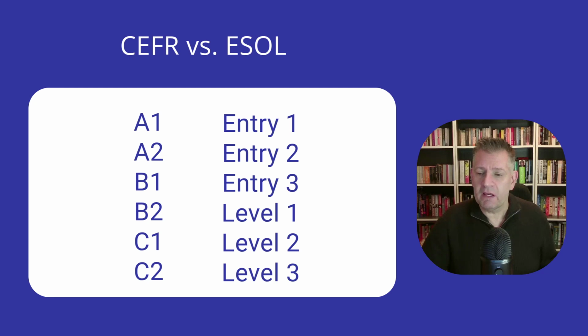And if you are looking at ESOL as a measure, for example, Trinity ESOL or Language Cert or Pearson, and you want to see what that measures against the Common European Framework, this is it. So if you're doing a Trinity level ESOL course, then those are the ones on the right. If you're doing an entry 3 course, then your level should be around B1, for example.